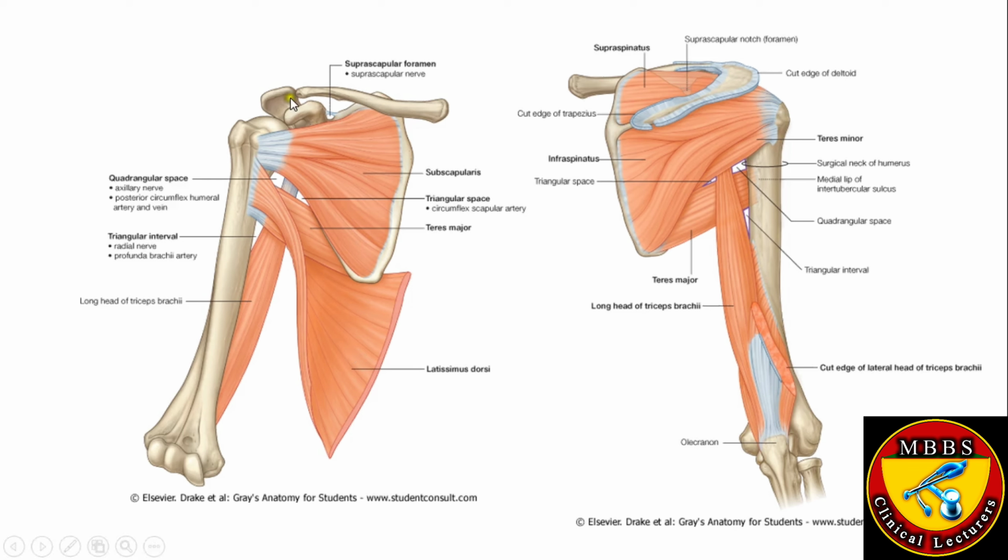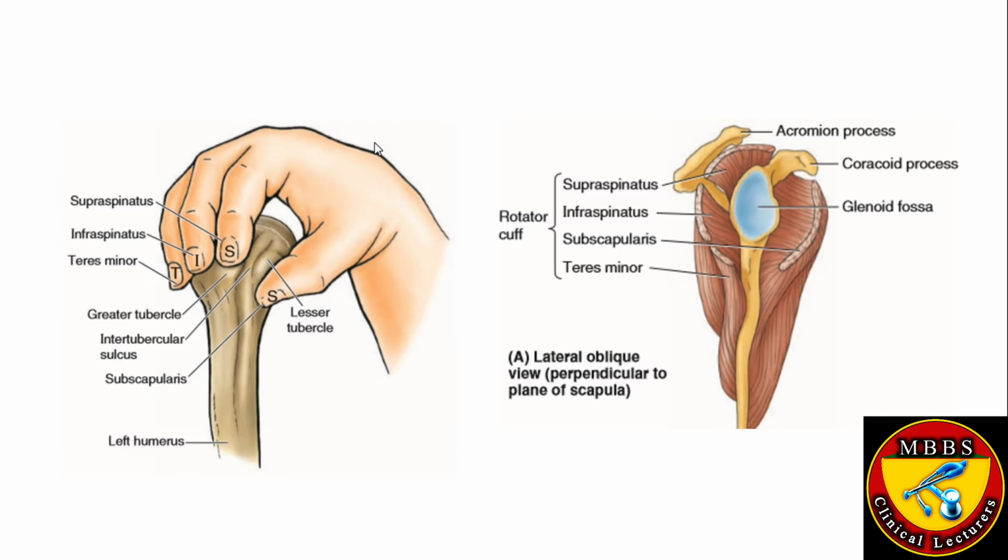Here again you can see the muscles, the supraspinatus, the infraspinatus, the teres minor, the subscapularis. Here again you can see the lesser tubercle, the greater tubercle, upper, middle and lower impressions.